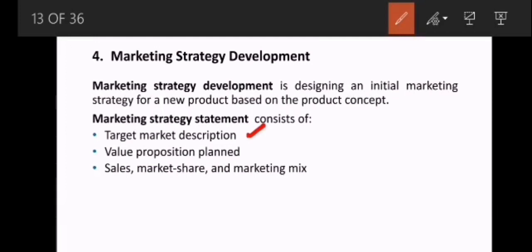The second part outlines the product's plan, price, distribution, and marketing budget for the first year. The third part describes the planned long-run sales, profit goals, and marketing mix strategy.